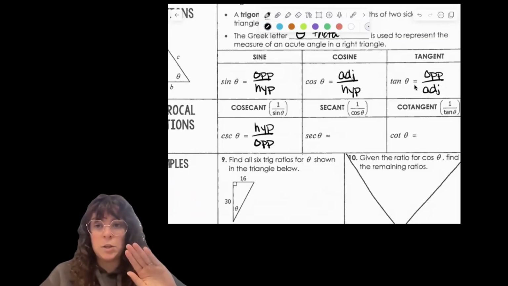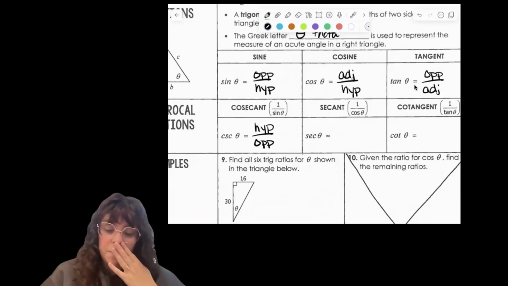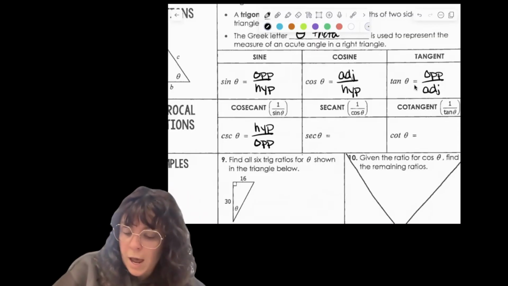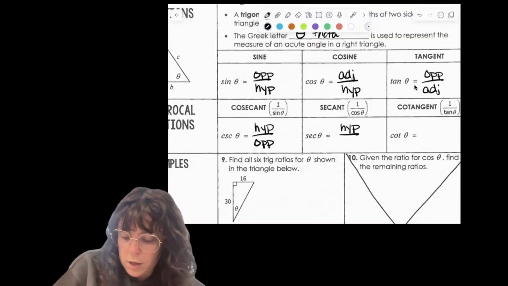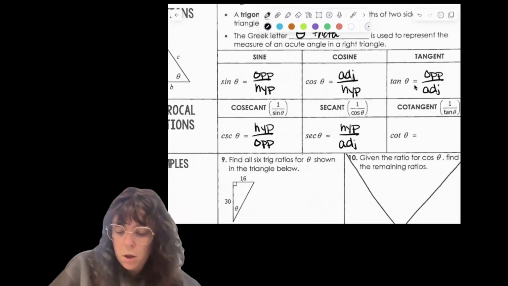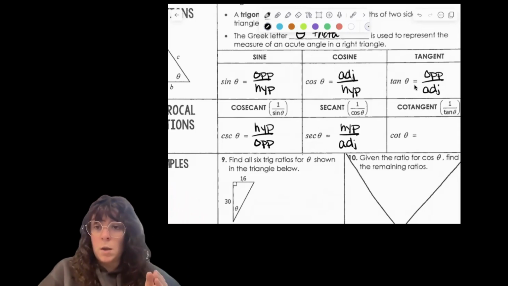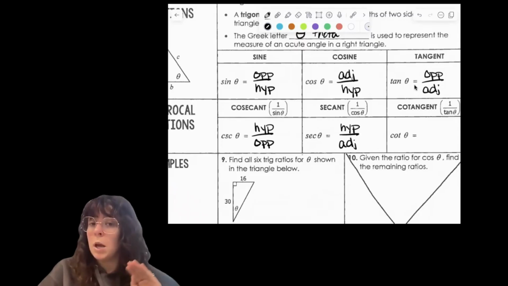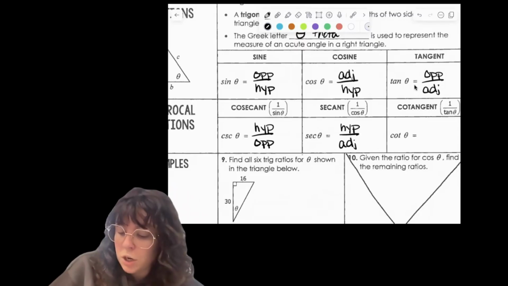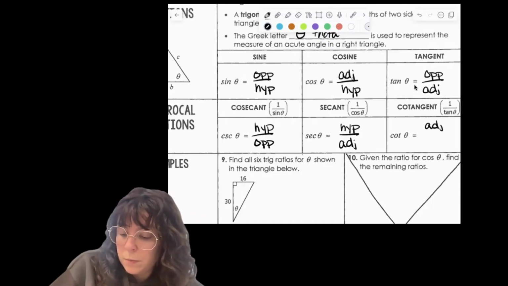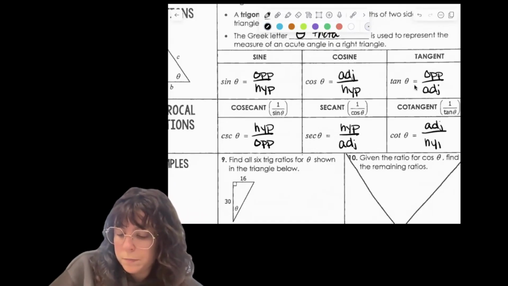You're just taking the fraction and flipping it upside down. Then you're going to have the hypotenuse over the adjacent for the secant, which is the reciprocal of cosine. You're just taking cosine and flipping it upside down. And then same thing for tangent, you're going to do the adjacent over the opposite.